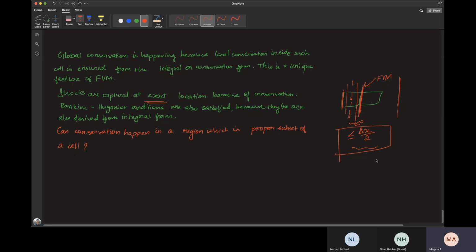Also, we have seen the Rankine-Hugoniot conditions when we were dealing with PDEs. To capture the location of the shock, you use the Rankine-Hugoniot condition. That is, the speed of the shock is evaluated from the Rankine-Hugoniot condition, which is derived from the integral form of conservation law.